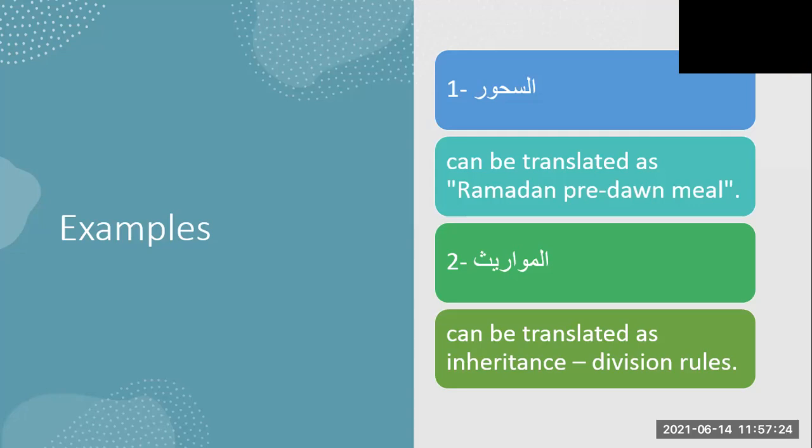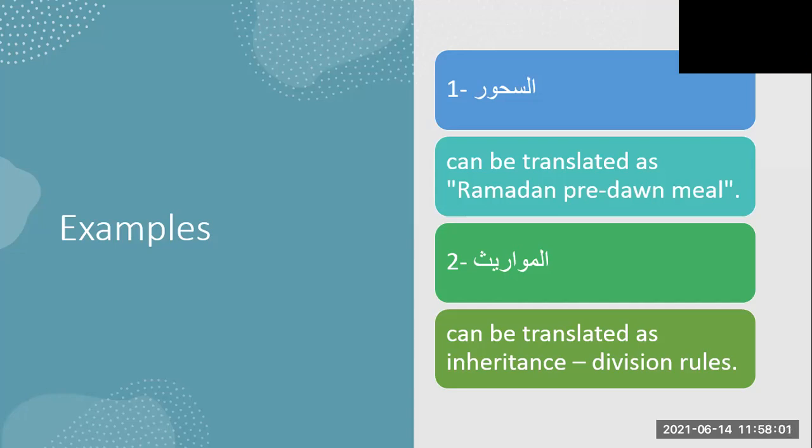We know that dawn means al-fajr, okay, and pre is a prefix. It is a prefix that we learned in the last lecture, how to use the dictionary. قبل الفجر. So we combined pre and dawn to convey the meaning. This is coinage.